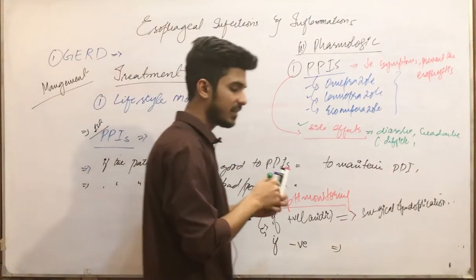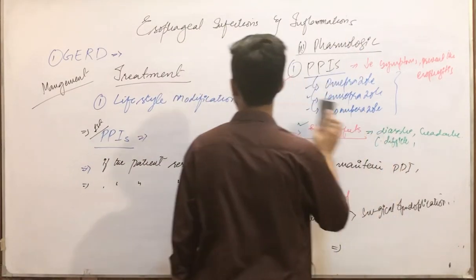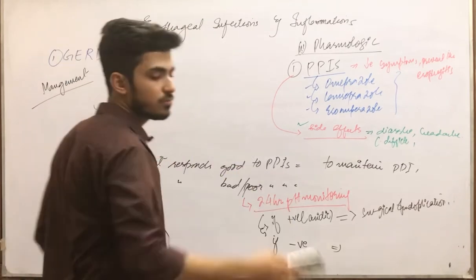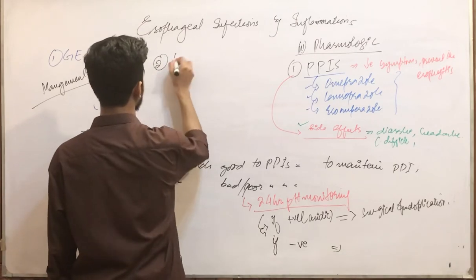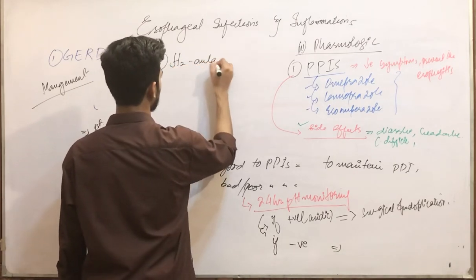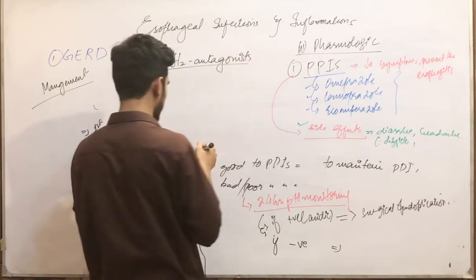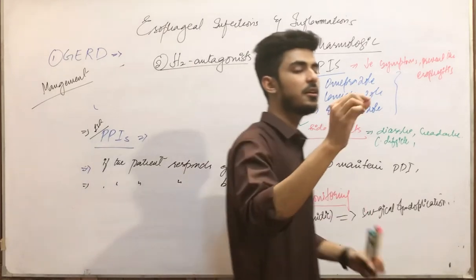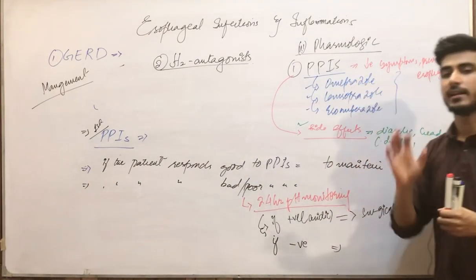Clear? Now the second type of drug that we are using in this condition is the H2 antagonist. Now these are the histamine 2 receptor blockers, and how they work, basically they block the action of histamine on the parietal cells.